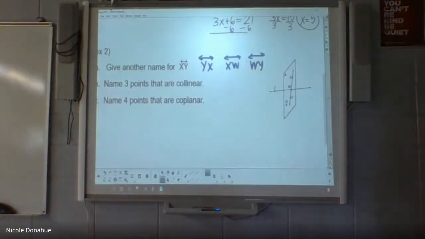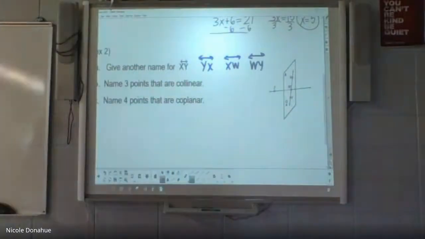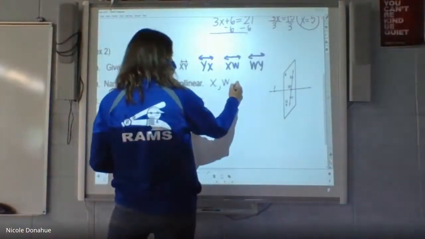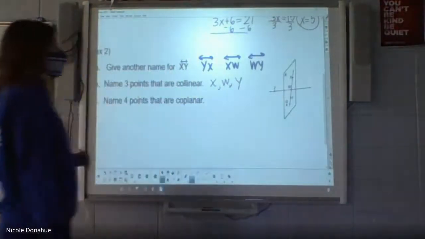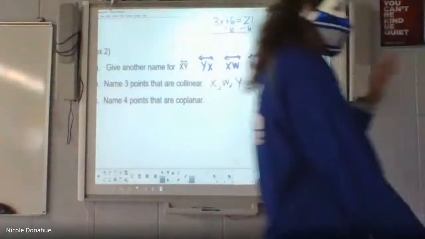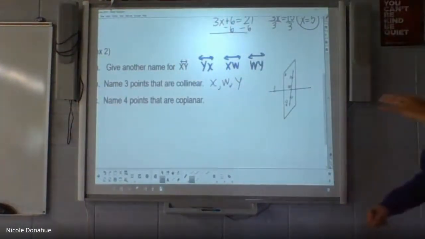3 points that are collinear. Last one kind of gives it away. It's all the points we were just talking about. X, W, Y are all in the same dotted line. And maybe, Lena, this will help you with your idea of the coplanar idea. So give 4 points that are coplanar. Well, maybe we'll talk about non-coplanar too.